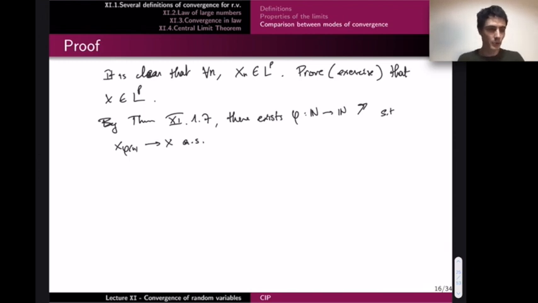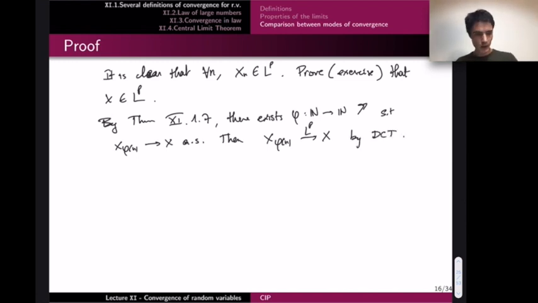And then by the dominated convergence theorem, because I know that X_phi(n) is dominated by Y, X_phi(n) converges to X in L^p this time.